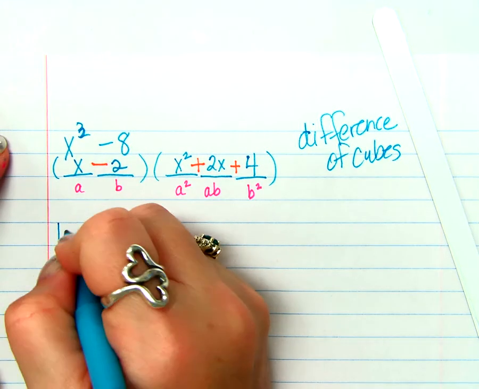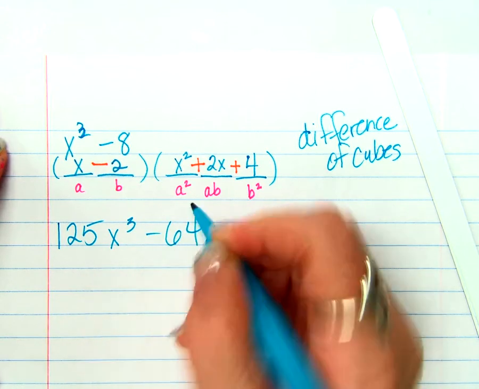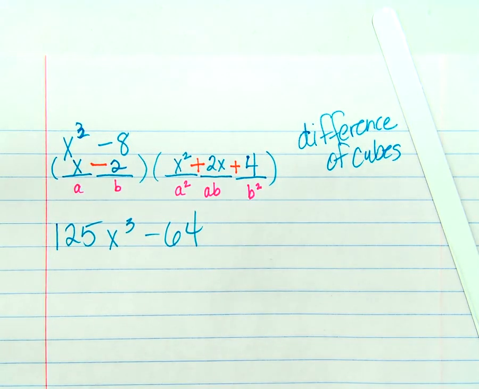Okay, let's do another problem then. I'm going to jump in with both feet here. 125x cubed minus 64. What do you notice? Are they both cubes? Are you sure? Good.